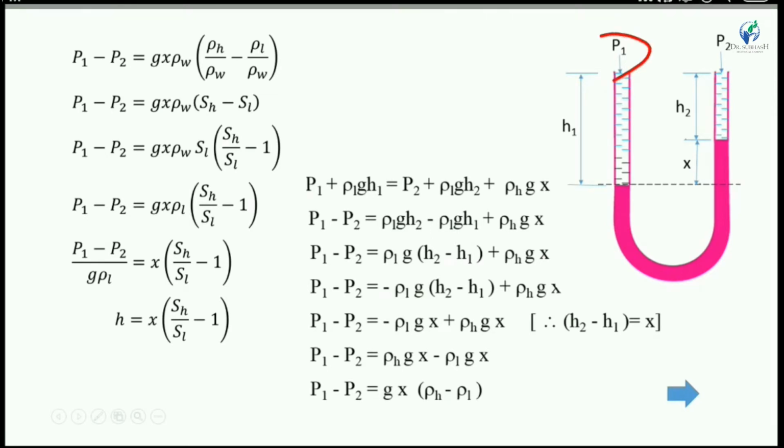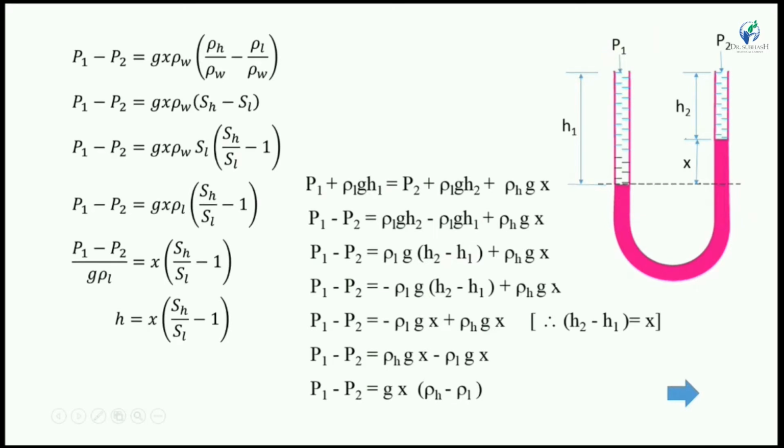P1 is the stagnation pressure and P2 is the pitot point pressure. Now we consider the datum plane as shown in the figure and equate the pressure above the datum line on the left side and right side of the limb.